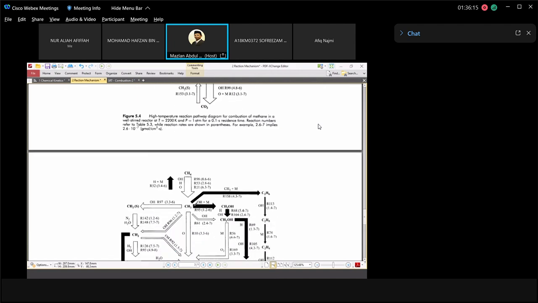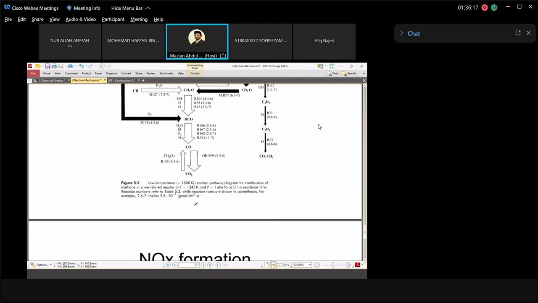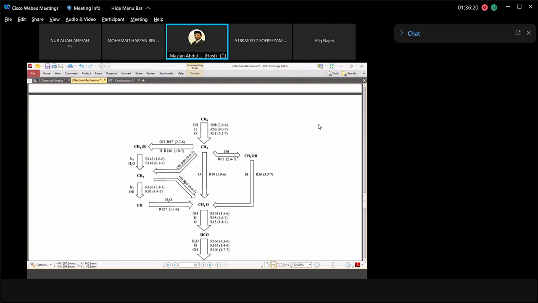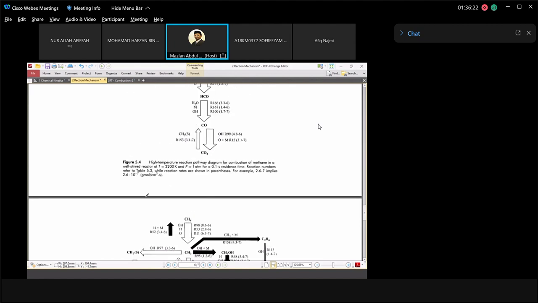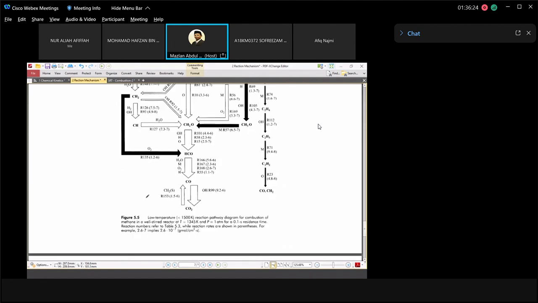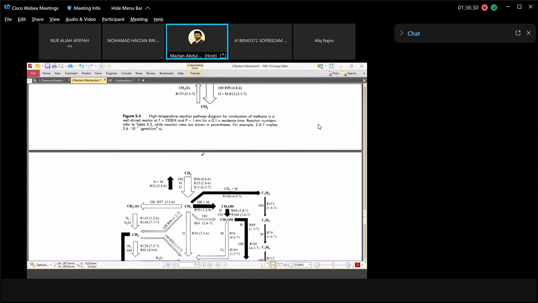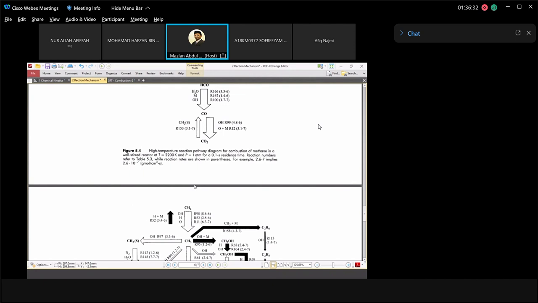So this one is low temperature, and this one is the high temperature mechanism. This one is for low temperature reaction pathways, below 1500, while this one is at 2000 or 2200 Kelvin.